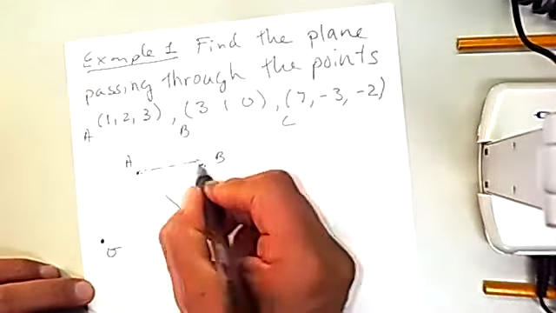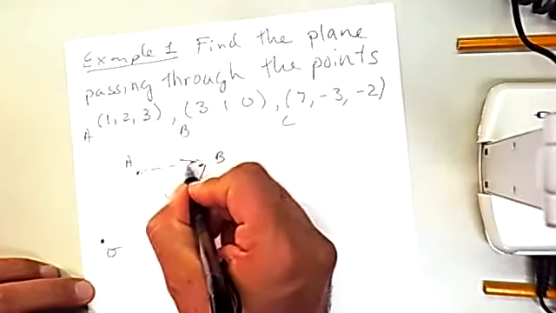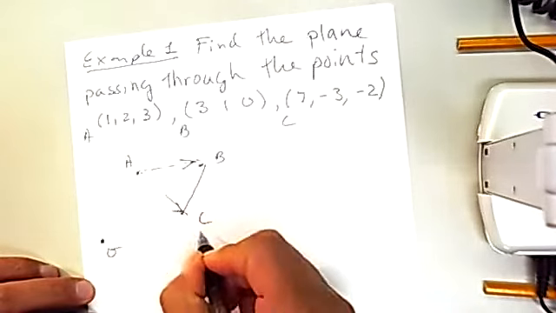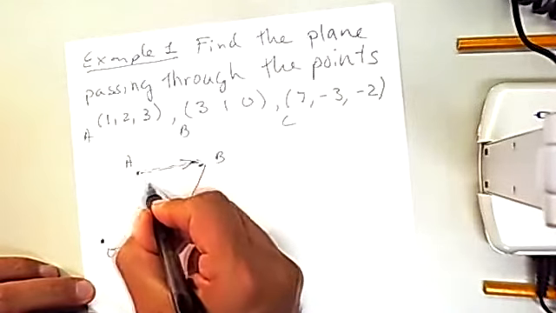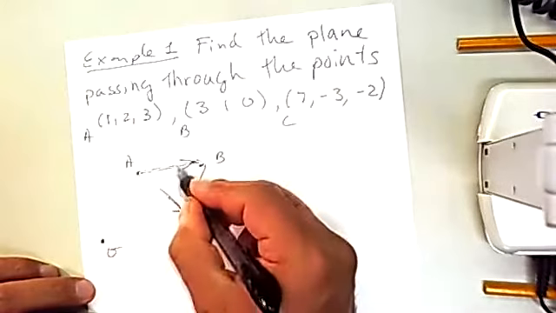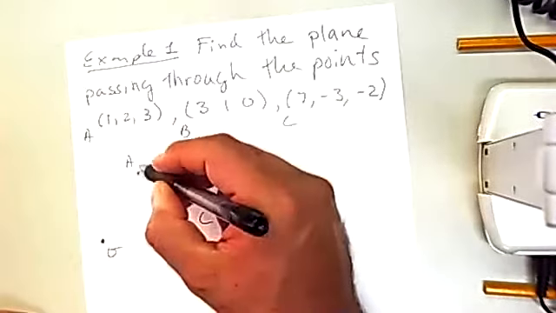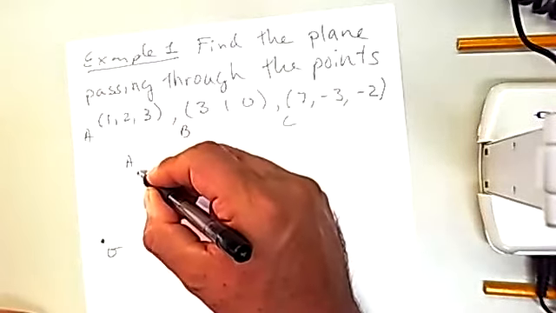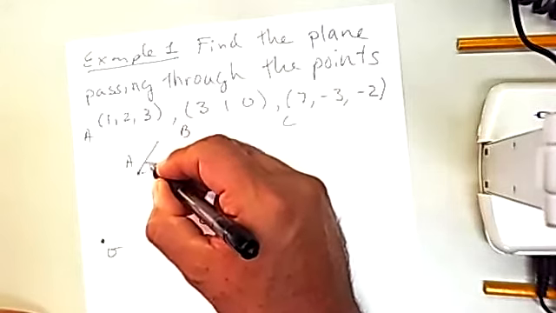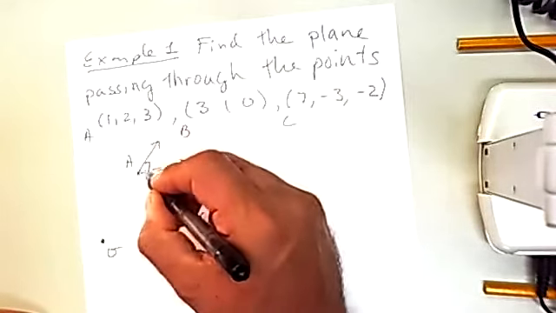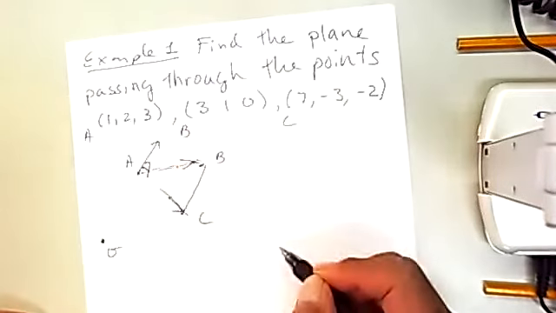So one way to go about it is to find this vector and this vector. Those 2 vectors are on the plane, those directions. We can form the cross product to find a normal vector. So this vector is going to be perpendicular to both.